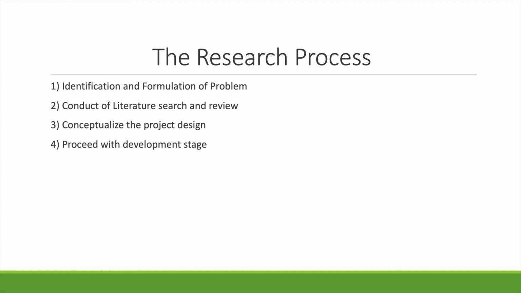Okay? And then next, we do conceptualization of the project design. From the literatures we have read, maybe there is one phase that the published journals did not capture of the problem we wanted to solve. There, we create the conceptualization of our project design.